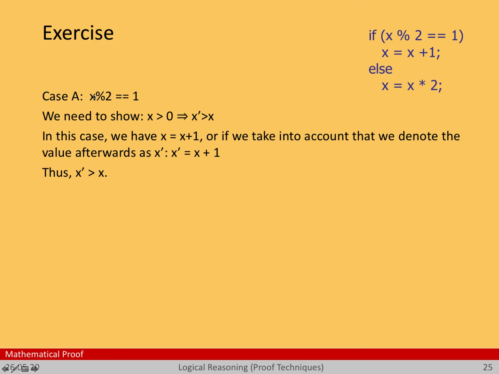So in this case, if it's an odd number, then this statement gets executed, x equals x plus 1. So if we use the mathematical notation and use x prime for the value afterwards, that means x prime equals x plus 1. Thus, x prime is really larger than x.